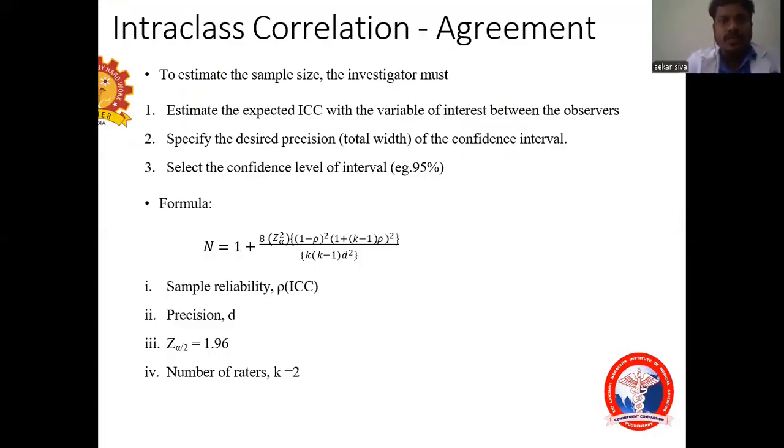The estimated ICC will vary between the observers; specify the desired precision, the total width of the confidence interval. Select the confidence interval as 95%, for example. This is the sample size formula using the intraclass correlation coefficient. The precision is D and alpha, the number of raters or clusters K is 2.